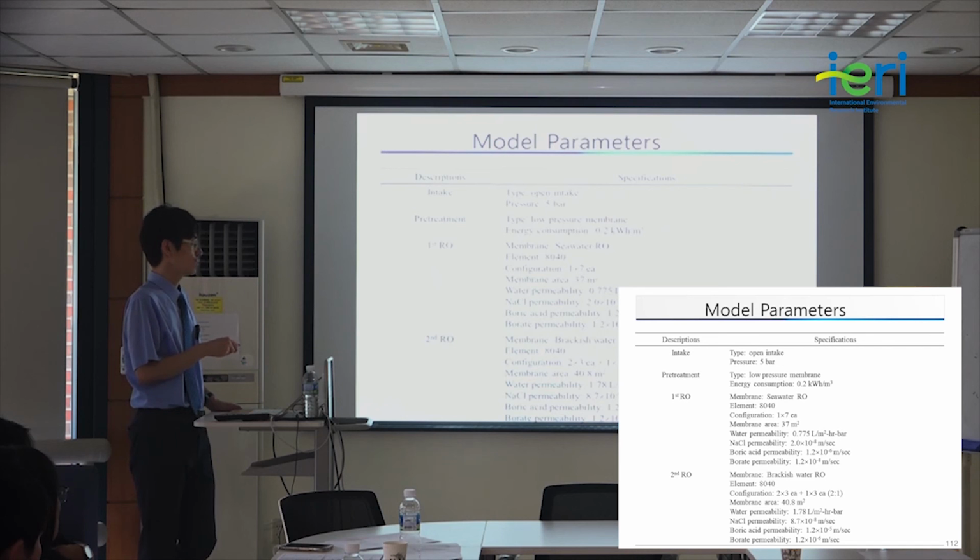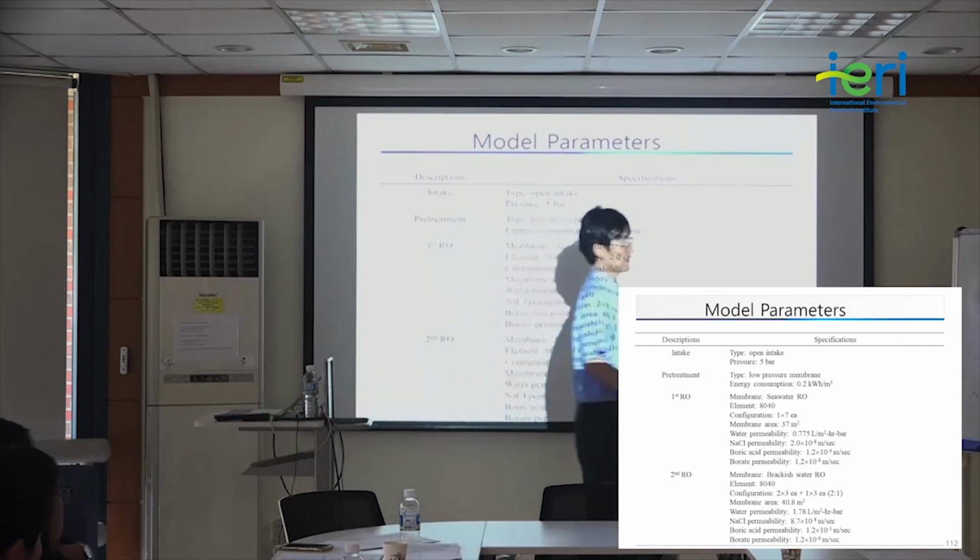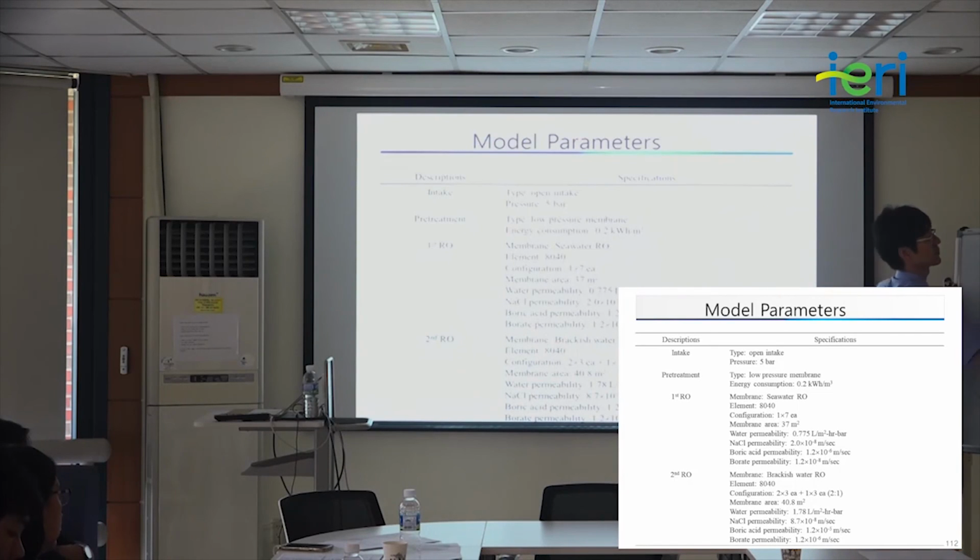So that's a 2-to-1 configuration. So if I draw that, the actual configuration was like that. So that's the first reverse osmosis, which has 7 elements.